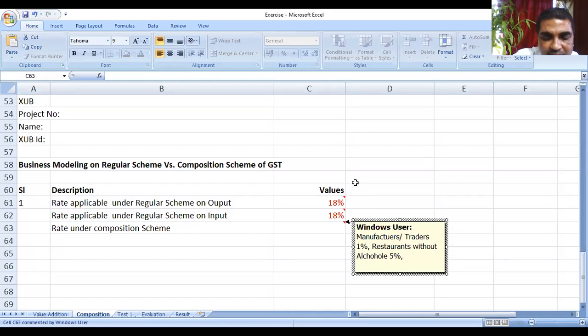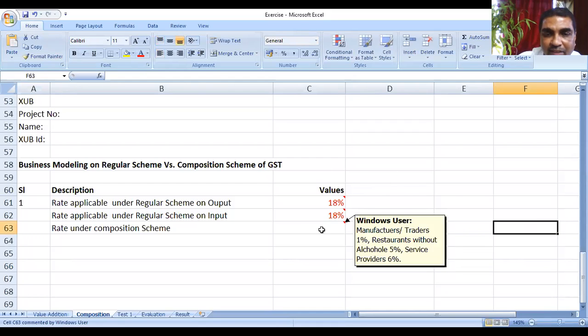Then what else? Service providers. Right? Service providers, what is the rate? Who can say? 6%. 6%, sir. 6%. Okay, so this will automatically prompt if somebody fills up here.